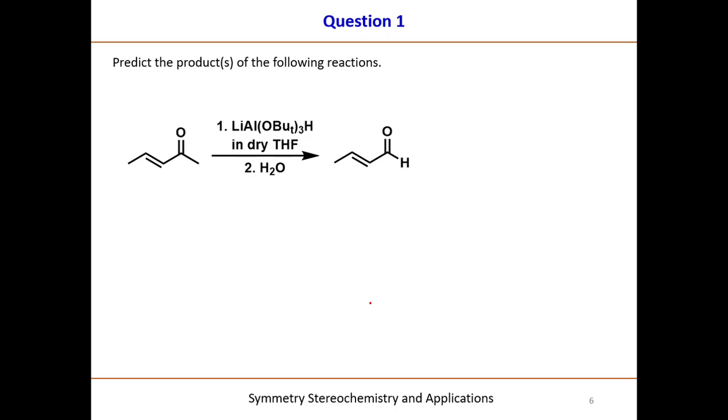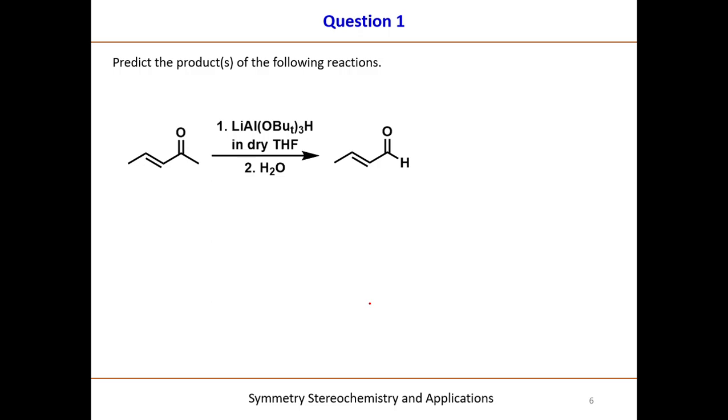Now this is the second example. This reducing agent I have not discussed here, but you can learn from the videos available on YouTube, and also from other books available in the market.